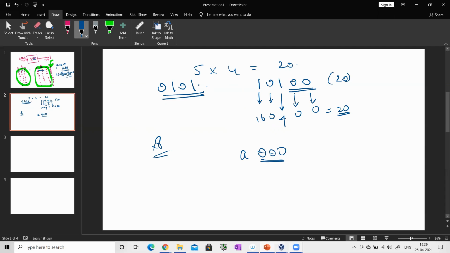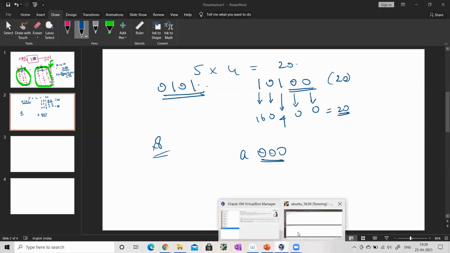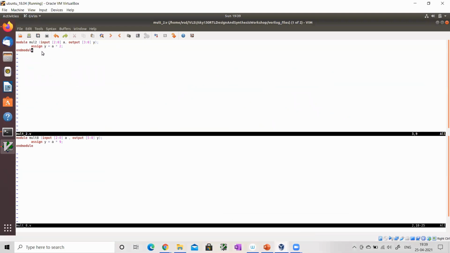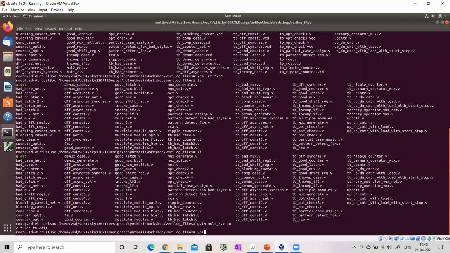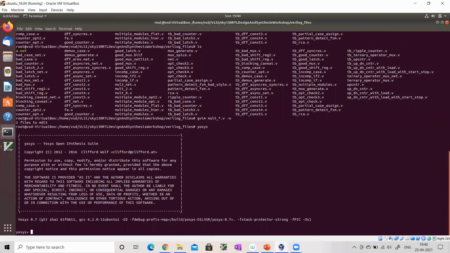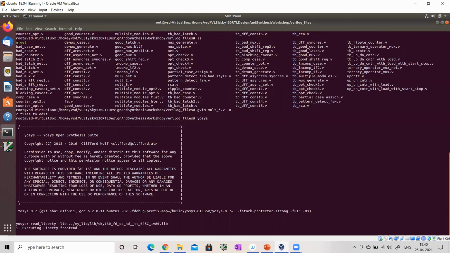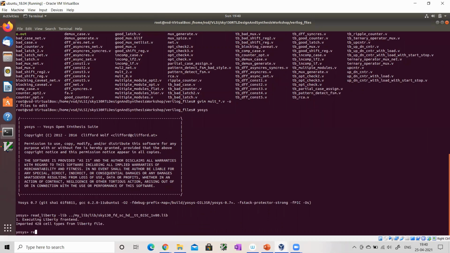Let us see in the lab what actually happens if we take it through synthesis. I have effectively multiplied by 2, so let us look at mult2. What happens if I synthesize? We launch yosys. So read_liberty -lib /mylib lib sky130, then read_verilog.